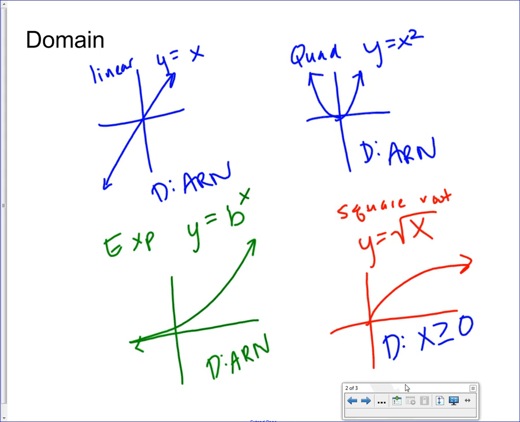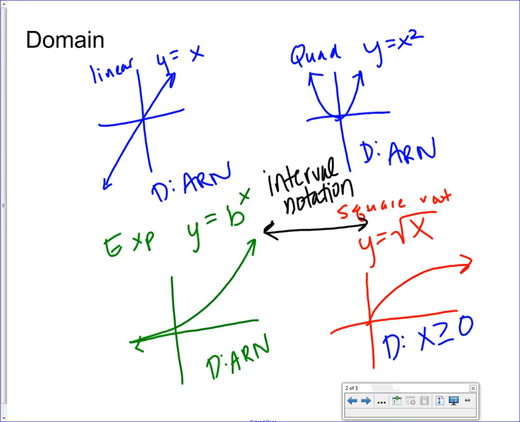Okay, so what we're going to be doing is using a different notation for domain. We're going to use something that's called interval notation. So instead of saying all real numbers, you're going to write it as an interval. Think of it like a number line. And you're going to say what's the leftmost point and what's the rightmost point.